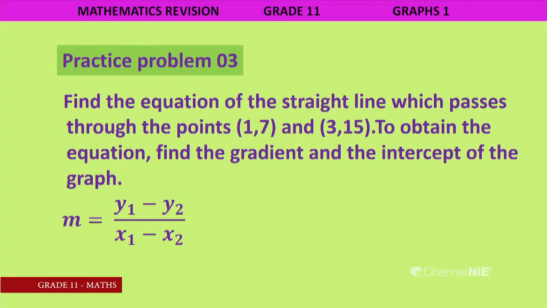Here (x1, y1), (x2, y2). You can consider 15 as y2, 7 as y1, 3 as x2, 1 as x1. In this case, we consider this one as y1, this one as y2. 7 minus 15 divided by 1 minus 3.